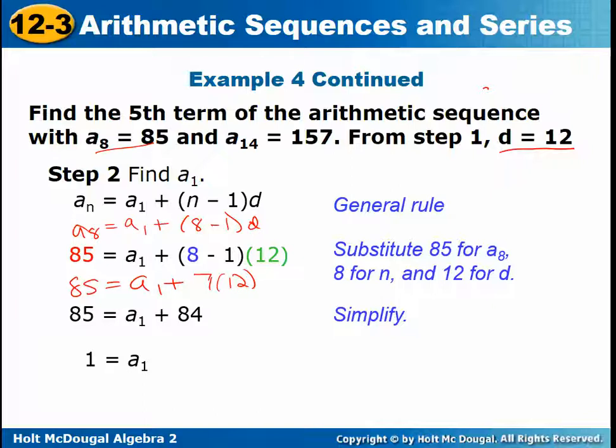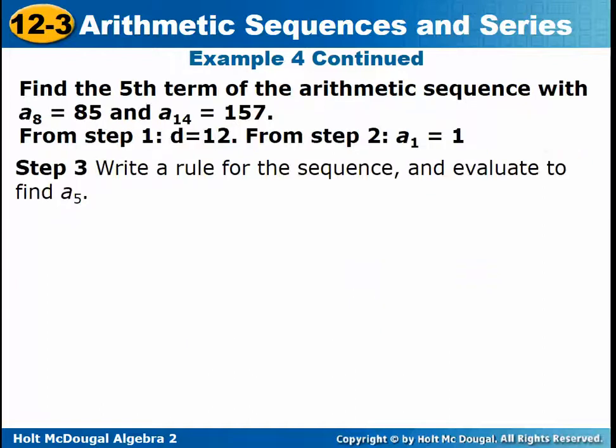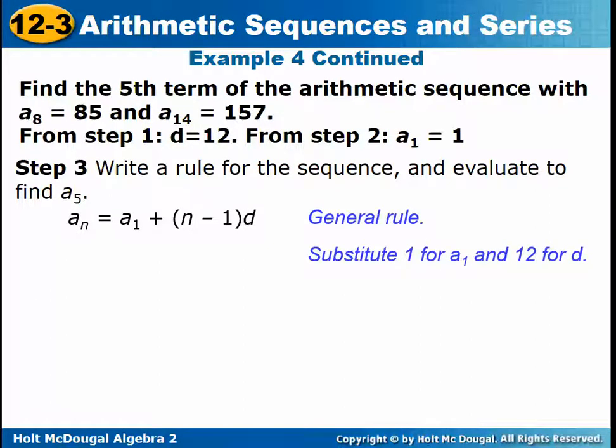All right, so now we know d equals 12. We know a sub 1 is 1. So now we're ready to find the 5th term. We have everything we need. Once again, we write down the general rule. And now it's like the simplest problems that you could get with arithmetic sequence, where you're just trying to find a specified term when you know all the other important information, like what is the common difference, what is the first term.